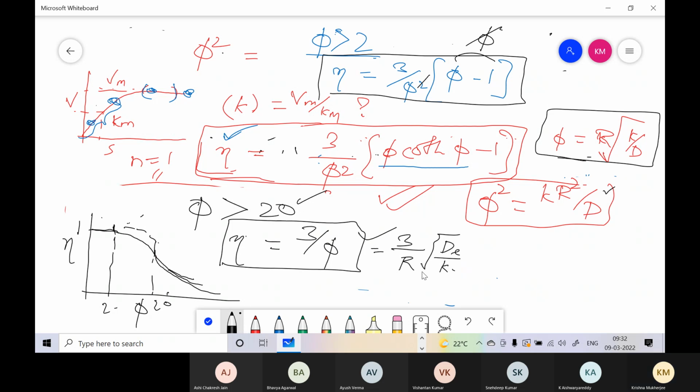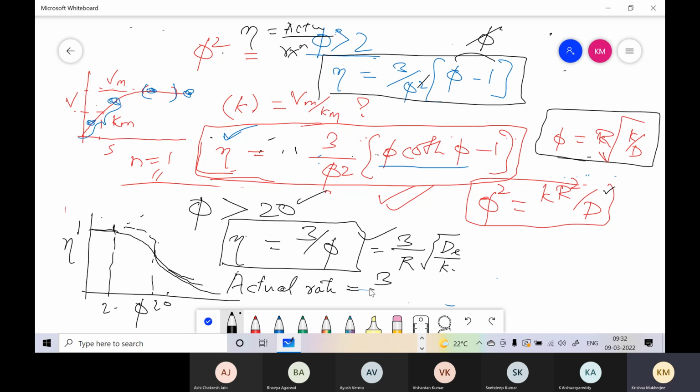right? And so the reaction rate, so if phi is this, and you know that what is phi? Phi is actually actual reaction rate by reaction rate without diffusion. So what is the actual reaction rate? What is the actual rate? Phi into rate without diffusion, right?